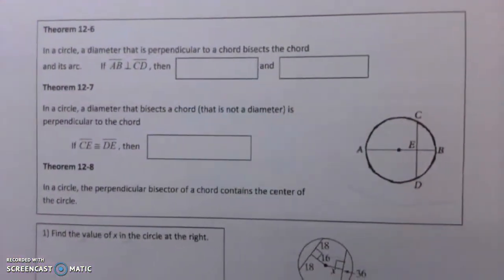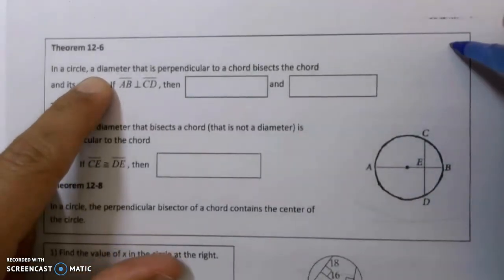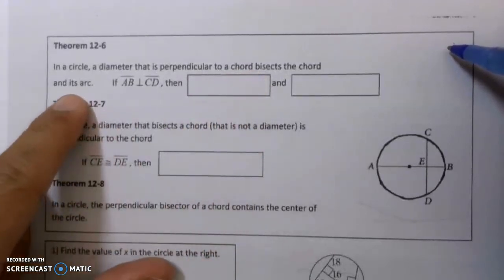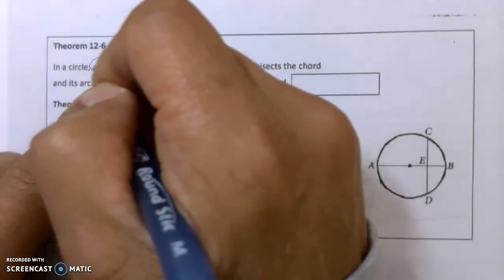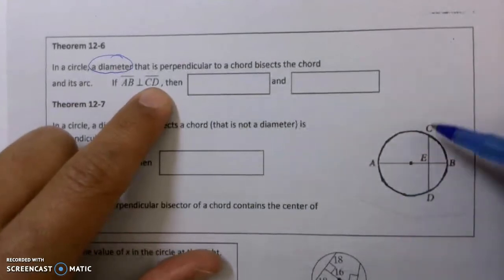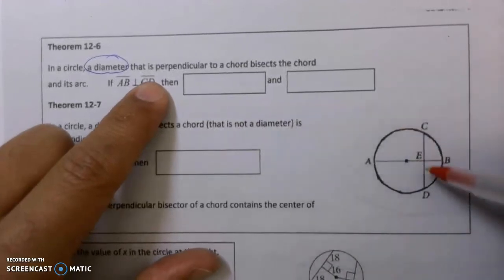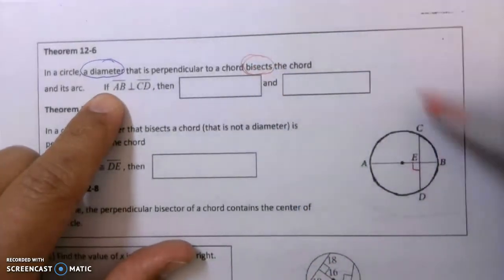Let's move on to a few more theorems. In a circle, a diameter that is perpendicular to a chord bisects the chord and its arc. First of all, a diameter goes through the center all the way across. This is a normal chord here, CD. If the diameter is perpendicular to it, then it bisects, meaning cuts in two, the chord CD.